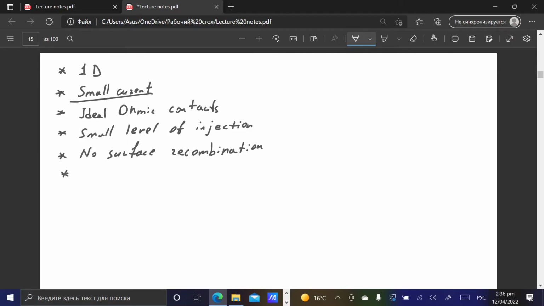So we can write here: no generation-recombination processes in the depletion region.